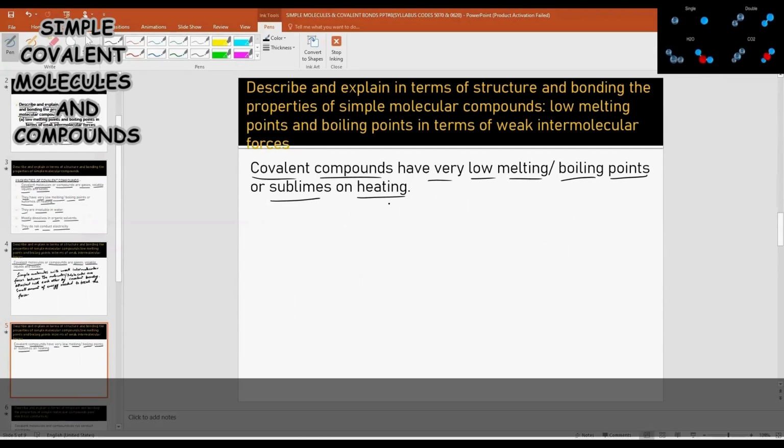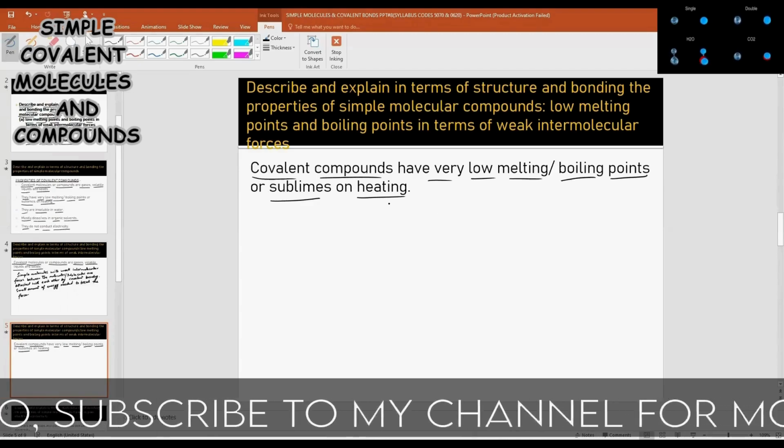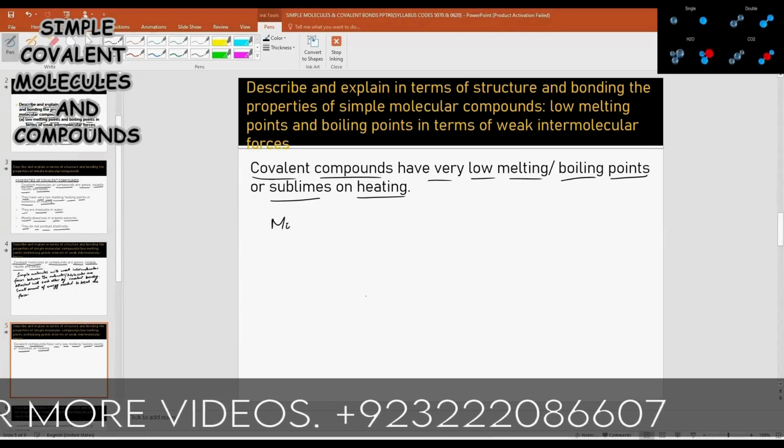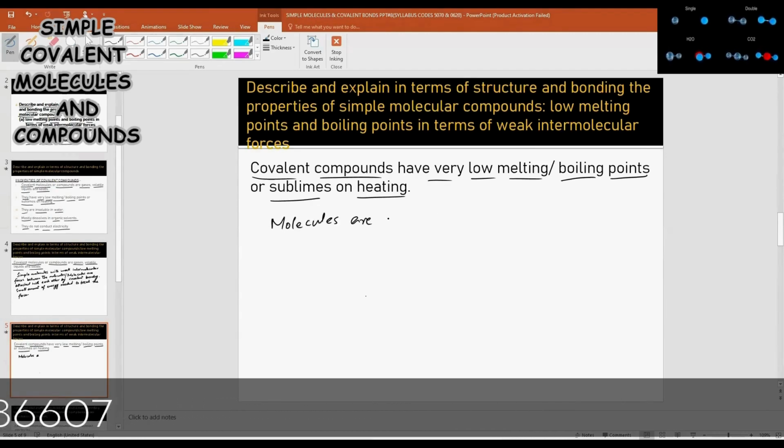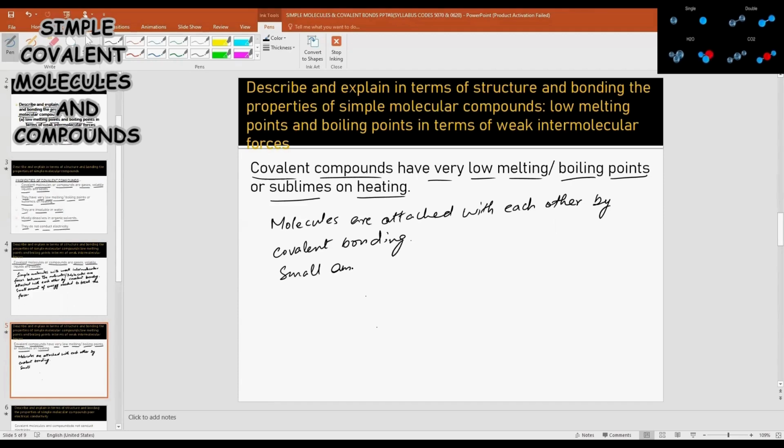For the same reason I have mentioned above: simple molecules with weak intermolecular forces between the molecules, or molecules are attached with each other by covalent bonding. A small amount of energy is needed to break the force.